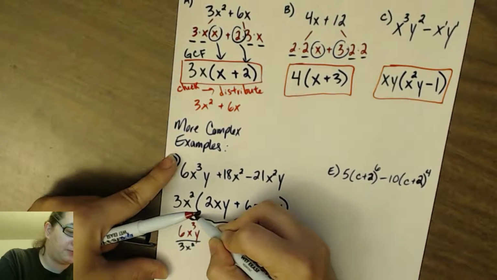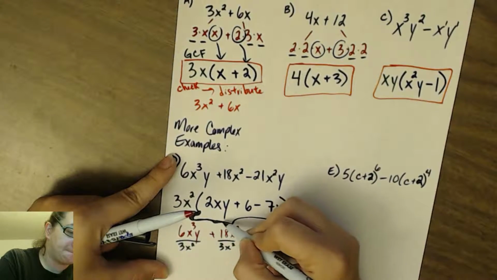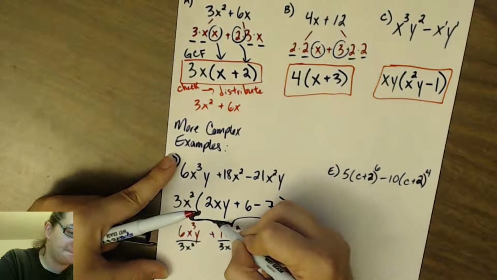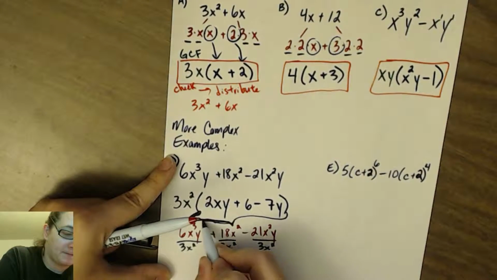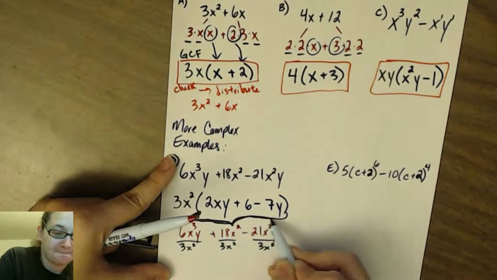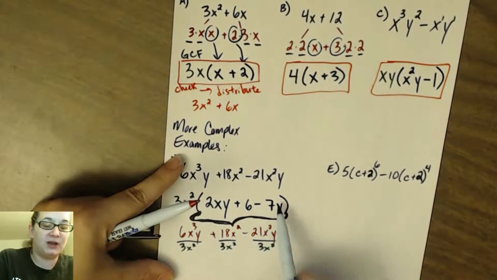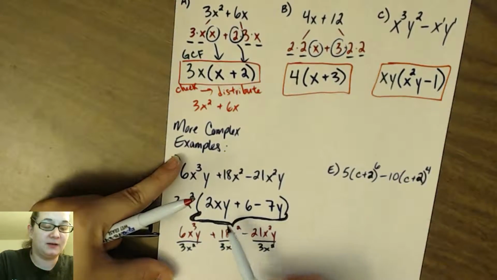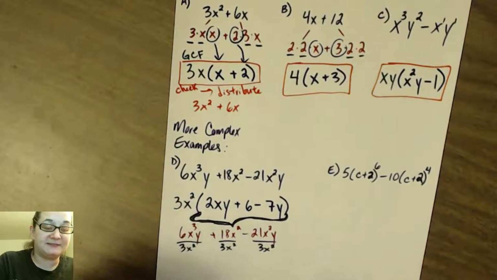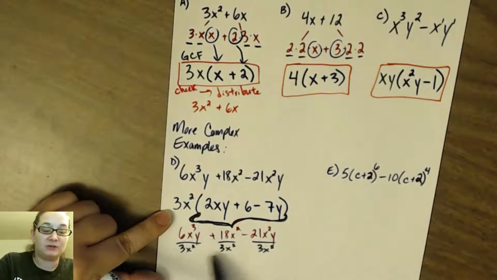So pretty much everything on the inside here I got because I divided the original by what I thought was my GCF.